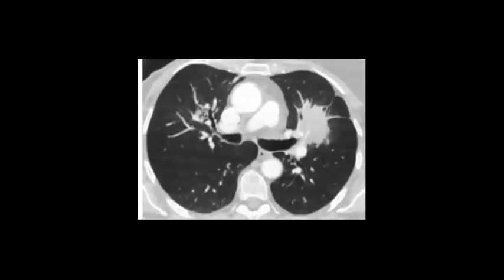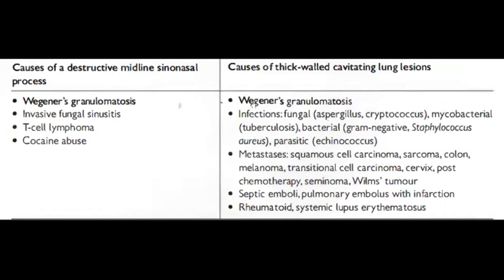So you have a wide differential diagnosis, but for the exam, they like to show you Wegener when you find nasal destruction with cavitating lesion. You will put Wegener on both sides of the differential diagnosis: destructive midline sinonasal process and thick-walled cavitating lung lesions. Don't forget them.